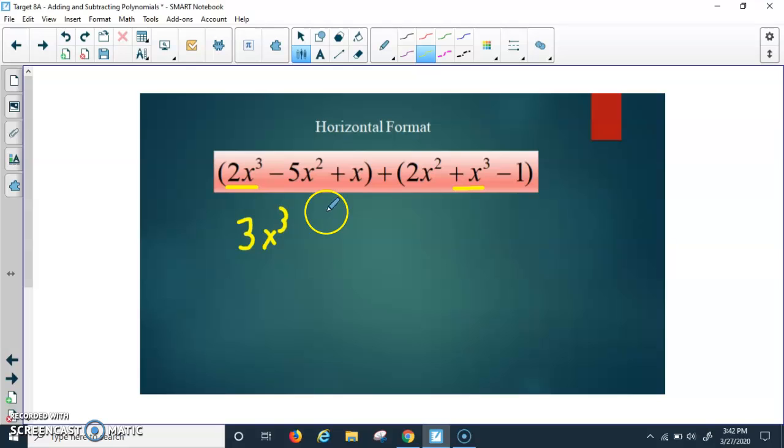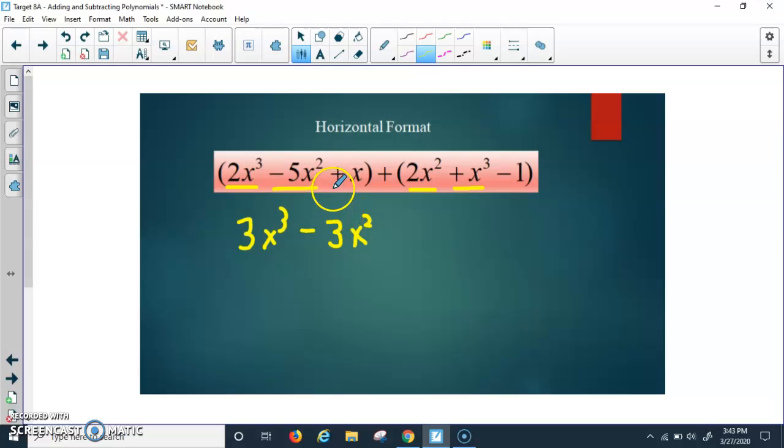Now, again, we look for exponents of 2. Well, right here is a term that is a negative 5x squared, and here is a positive 2x squared. So negative 5x squared plus 2x squared would be a negative 3x squared.